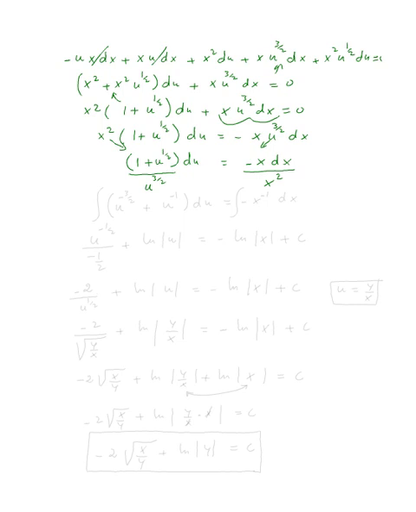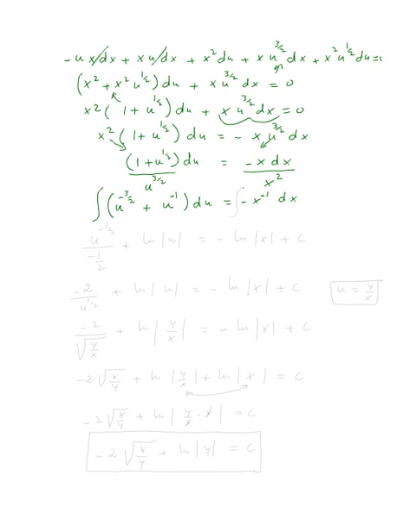Now, let me simplify this. This is divide by u to the 3/2. This will be u to the negative 3/2 plus u, what is that? Yes, 1/2 minus 3/2 is negative 1, du. And then simplify, cancel the x, you get minus x to the negative 1 dx.